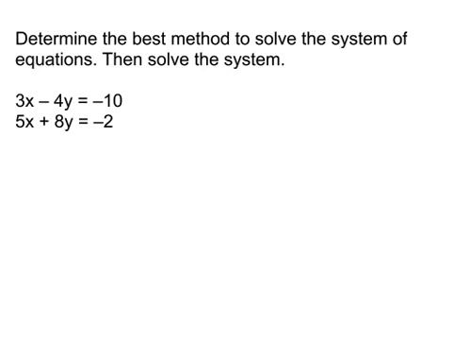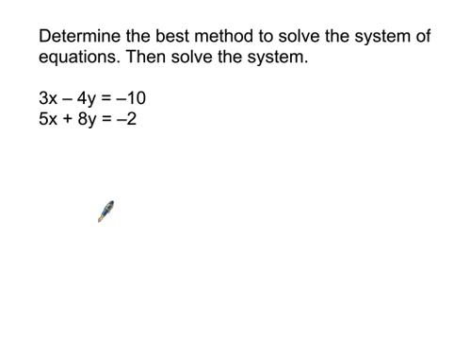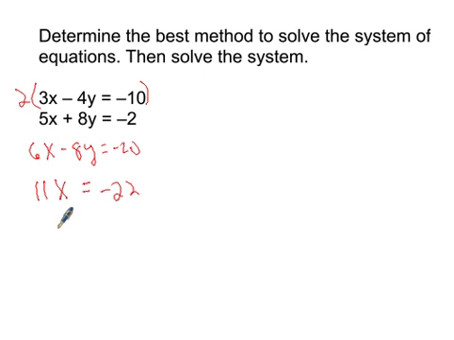All right, what's the best method for solving this one? Joaquin? Multiply the top equation by 2 so that our y terms will cancel out, okay? So 6x minus 8y equals negative 20. That gives us 11x equals negative 22.